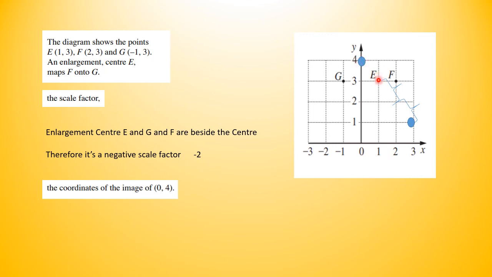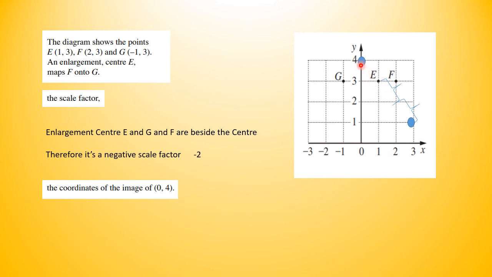From (0, 4) to the center of the enlargement, you have a gap of 1. But you have to enlarge it by a scale factor of negative 2. So from here we are moving 1, 2. So the point (0, 4) will move onto the point (3, 1). The center of enlargement is here.